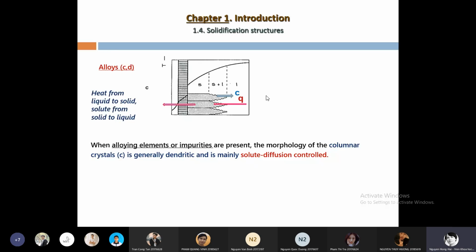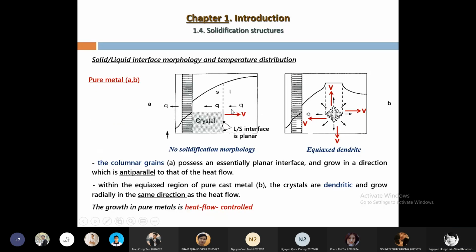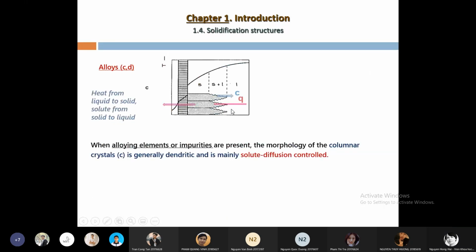But the growth directions are the same. Anti-parallel to the direction of the heat flow. The same as in this case. The same. Okay. We have the dendrite, columnar dendrite.